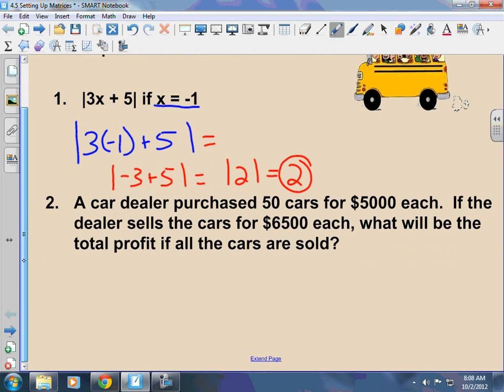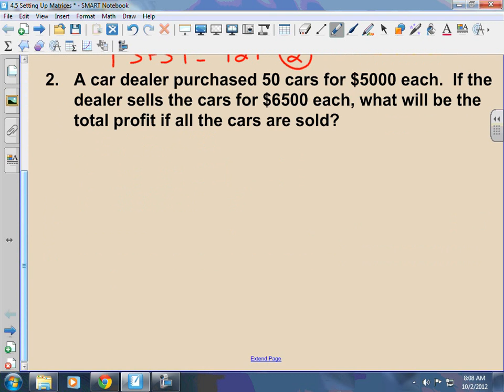Okay. A car dealer purchased 50 cars for $5,000 a piece. He's selling them for $6,500 a piece. What is going to be his total profit? He purchased them for $5,000. He's selling them for $6,500.